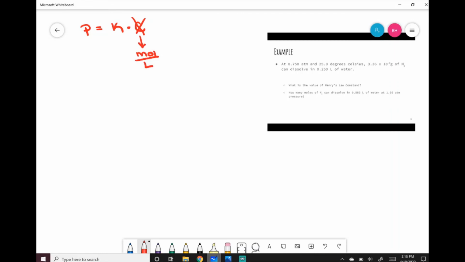So if we look at our problem, we identify what we're given. We are given that pressure equals 0.750 atmospheres. We don't know what K is. That's what we're trying to solve for. We are given 3.36 times 10 to the negative 3 grams of nitrogen, and we're actually going to be able to convert that into moles.